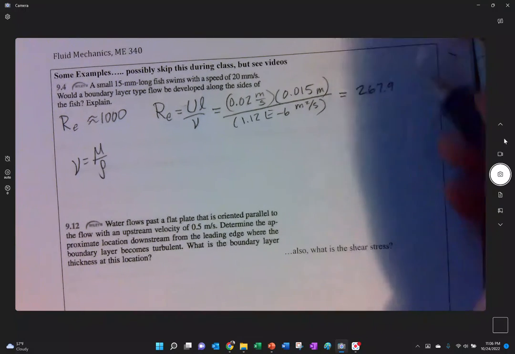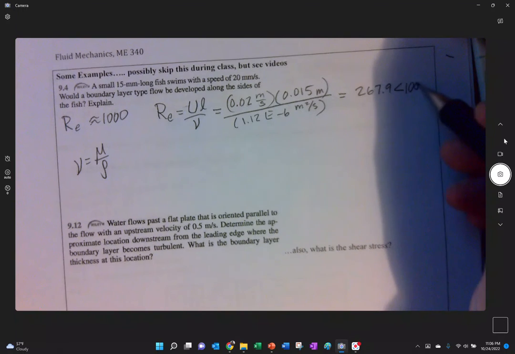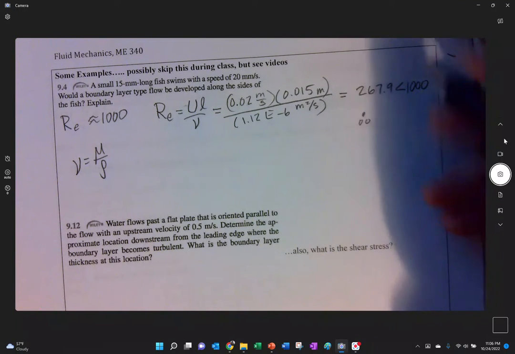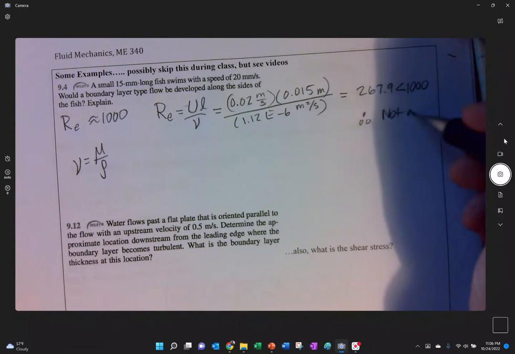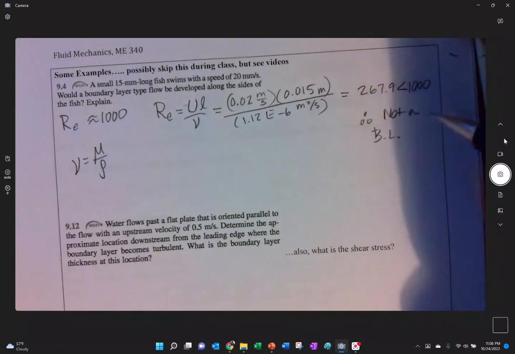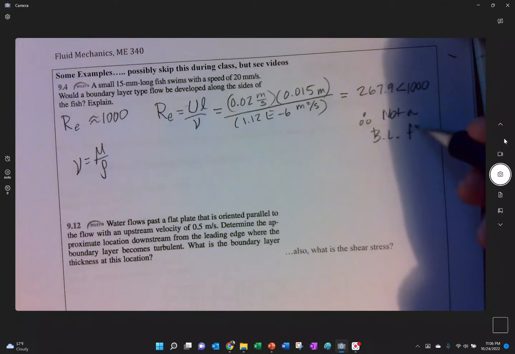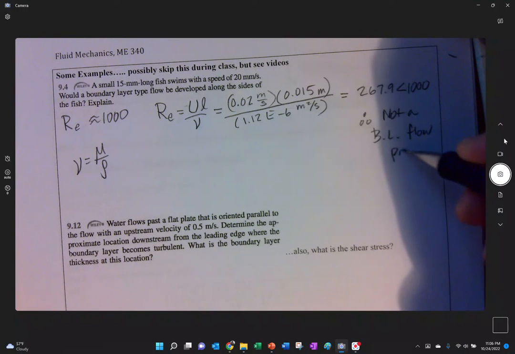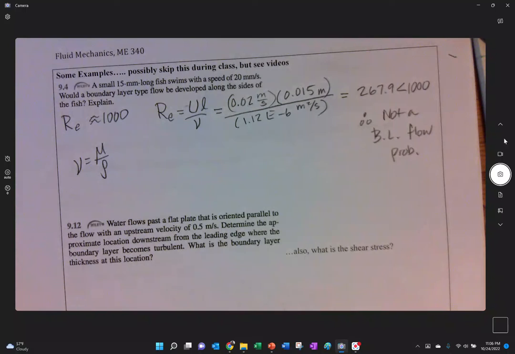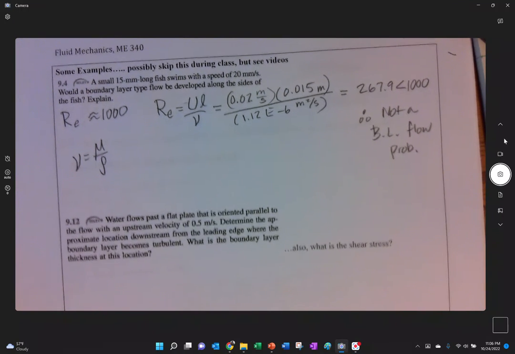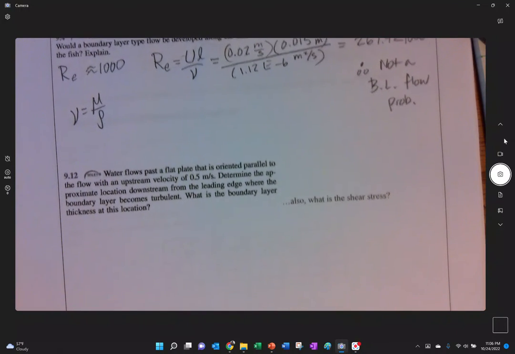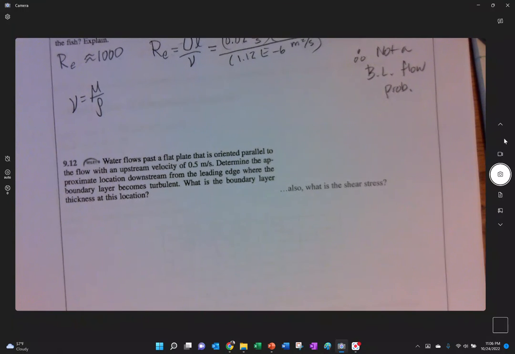That's smaller than 1,000, and therefore not a boundary layer flow problem. So we wouldn't be worried about the development of a thickness and what happens within that thickness.